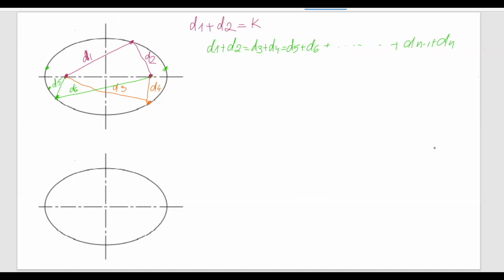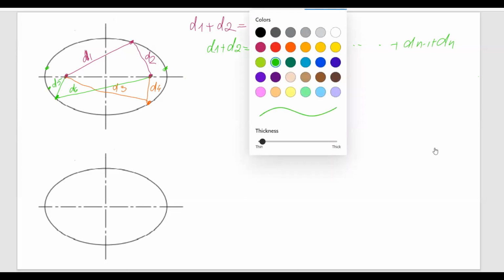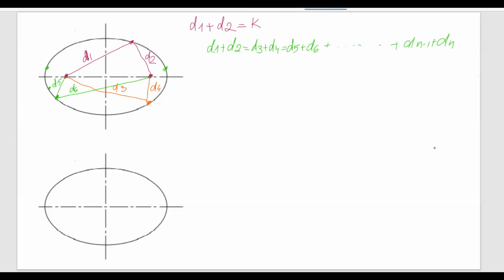So now let's do something else here. We know that the focal points are at an equal distance from the center, which means that this in yellow is equal to this part here in yellow.